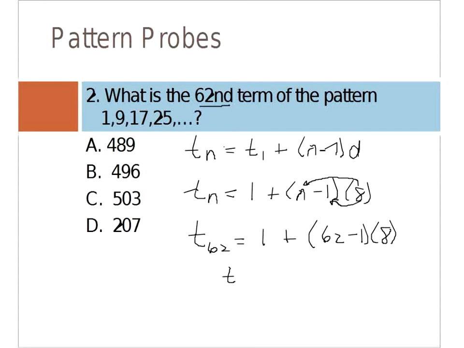And so what I have here is the 62nd term is going to equal 1 plus 61 times 8. And so 61 times 8 is 488 plus 1. This gives me 489. And of course we see that's answer A.